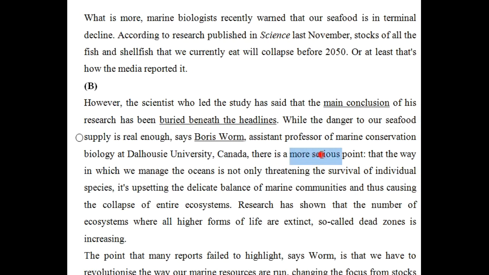So that is his main concern. Underline this. This is his main concern, that the way in which we manage the ocean is not only threatening the survival of individual species, it is upsetting the delicate balance of marine communities and thus causing the collapse of entire ecosystems. So this is what he is finally indicating.